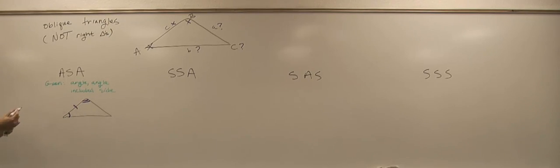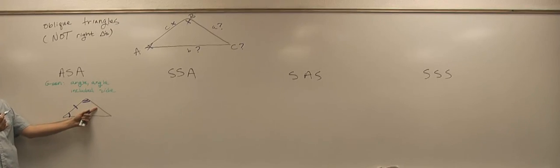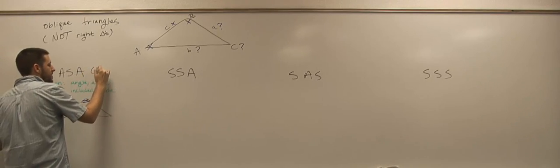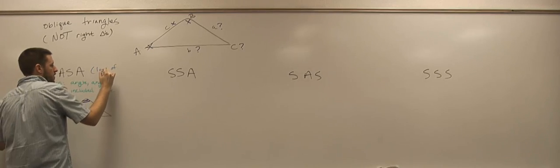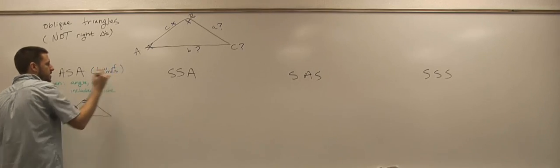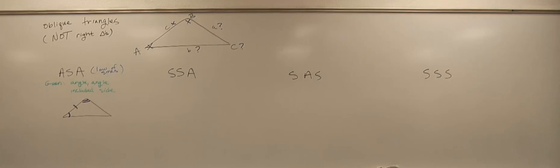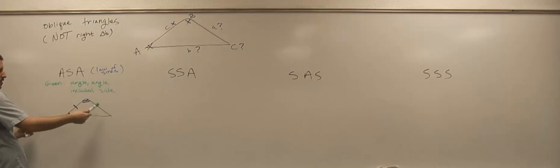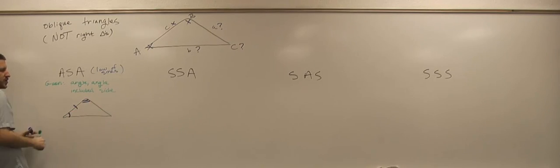See how this side's between those 2 angles? It's a different case if I give you this side. In this case, you have to use the law of sines. You cannot use the law of cosines. And there will always only be one answer, one possible triangle. So you'll get one set of information that solves this triangle.